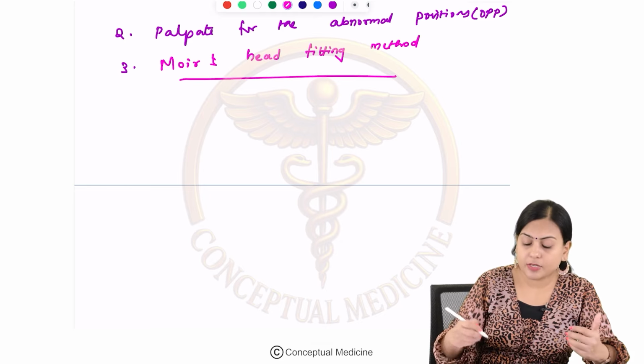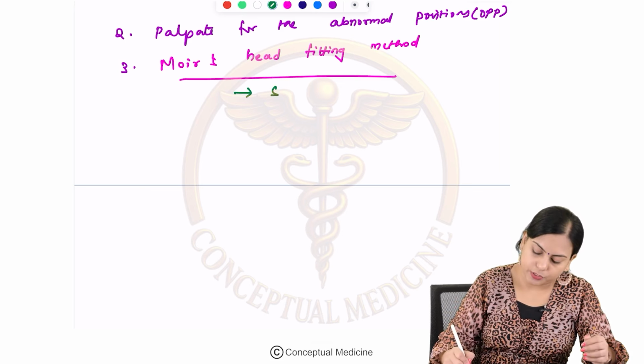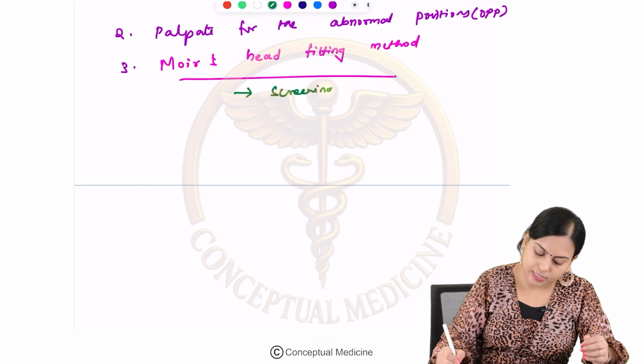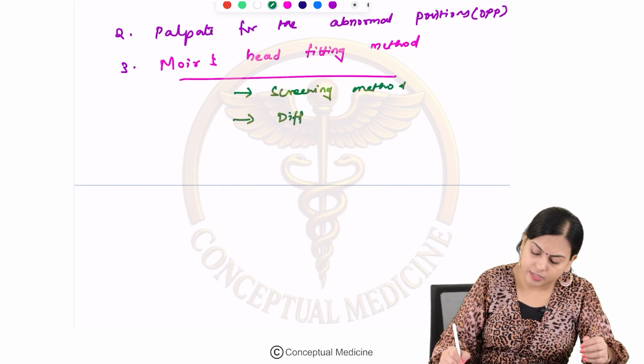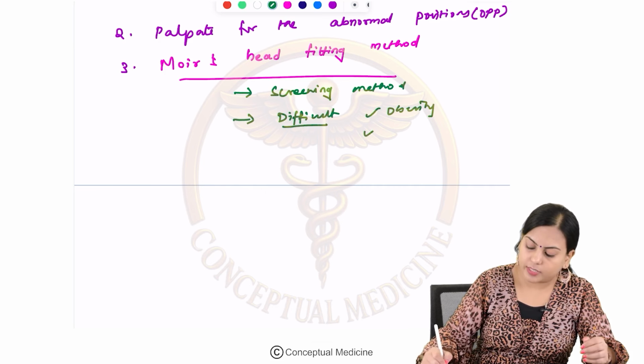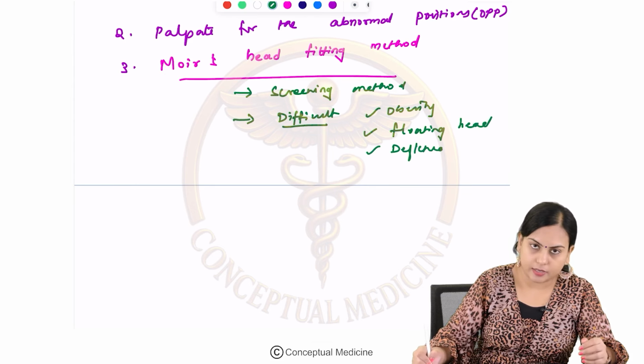This can be used as a screening method for cephalopelvic disproportion. However, it is difficult in the following patients: when there is obesity, or when there is a floating head, or when there is a deflexed head.